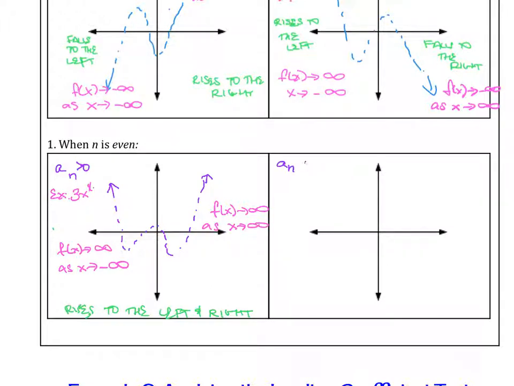Let's do a sub n less than 0 for when n is even. An example of this would be negative 1/5 x squared. So the graph does something like this. They go exactly the same direction, so we say that it falls to the left and right.